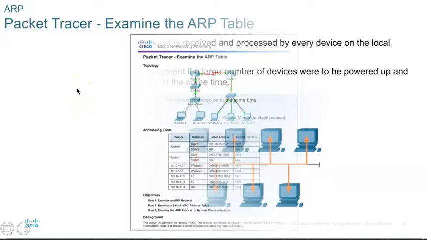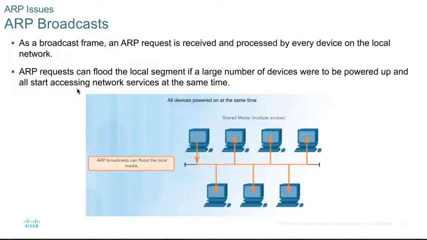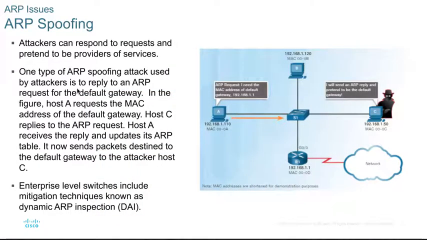This is the lab that we're going to do together. ARP broadcasting: when a PC needs a remote PC, it's possible to send a broadcast ARP to every single device in the network. That's called a broadcast ARP. One of the most common attacks on ARP is called ARP spoofing.